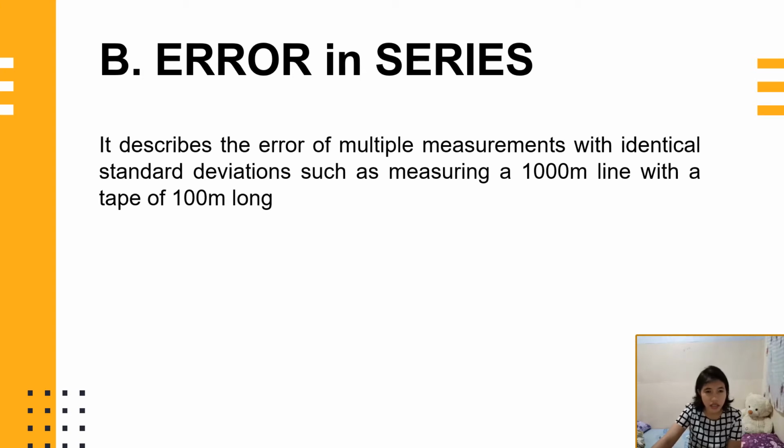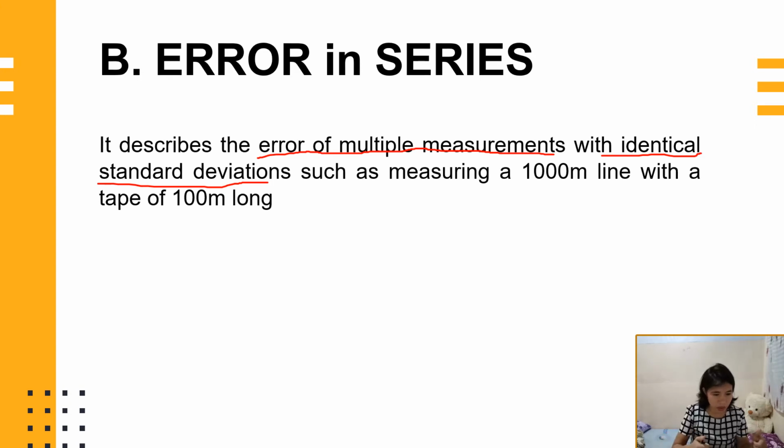So the error in the series is equal to each measurement error times the square root of the number of measurements in a series. So this is described as the error of multiple measurements. Maraming beses mo siya measure with identical standard deviation, which means, for example, yung 1,000 meter, ginamitan mo siya ng 100 meter na tape to measure.